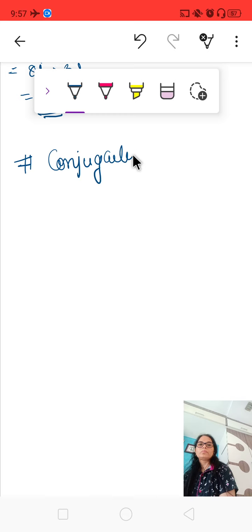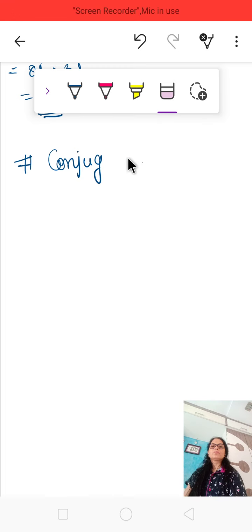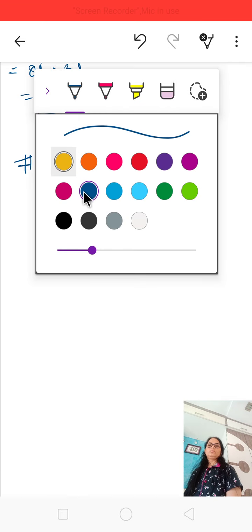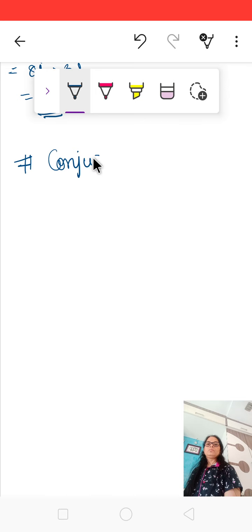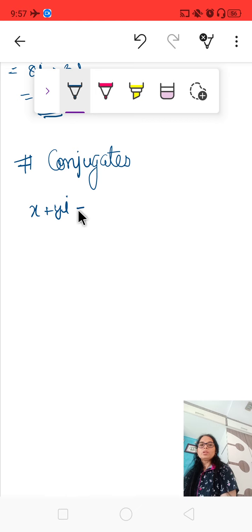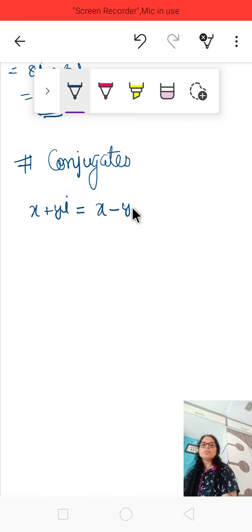Conjugate means we have to change the sign of the imaginary part. Suppose I have x plus yi. So what is the conjugate of this one? You can write x minus yi.